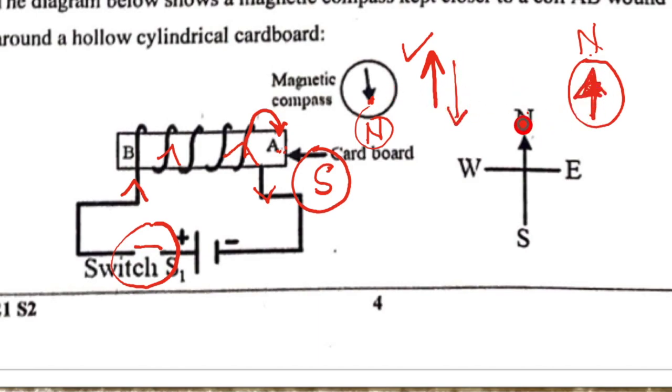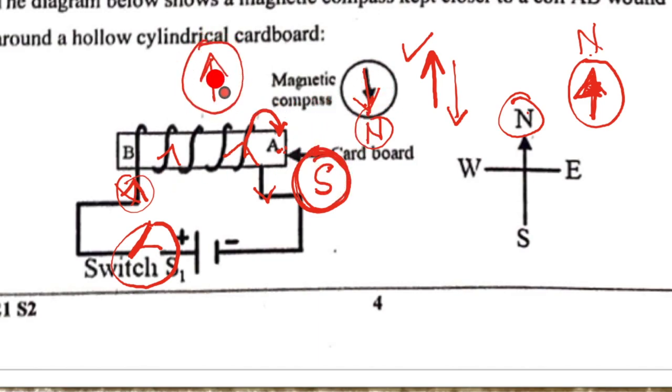It was vertically upwards because of this, but now it is vertically downwards like this, which means it has got attracted to this, so A has already become a south pole, which means the current is flowing through the circuit. If the switch was open, there would be no current here and no polarity, and the magnetic compass would still have shown this.